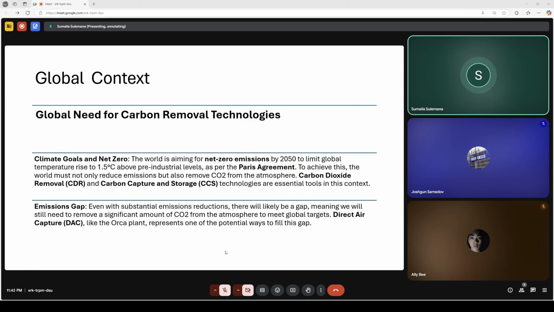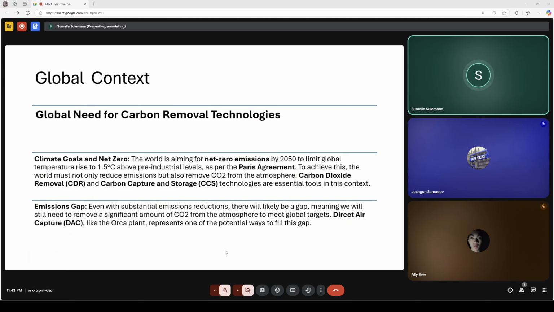We all are aware that the IPCC sets a climate goal, a net zero goal, aiming to achieve net zero emissions by 2050 to limit global temperature rise to 1.5 degrees above pre-industrial levels. That was the Paris Agreement, just a couple of years back, not so long ago. To achieve this, they stated the world must not only reduce emissions but also remove CO2 from the atmosphere.